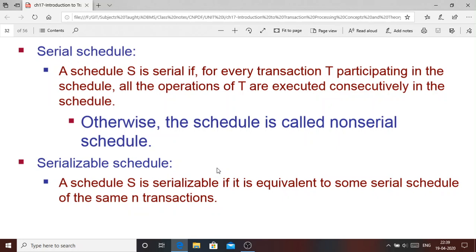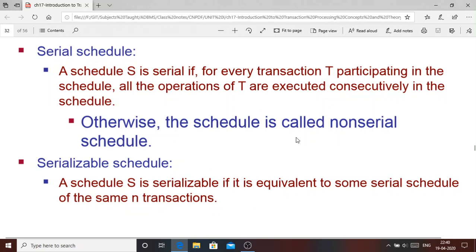So why is this serializable schedule required? Because we know that serial schedules are bound to be correct. So serializable schedules have the advantages of both: interleaving, because it is not actually serial, it is a non-serial schedule, and also a serializable schedule will produce the correct results.